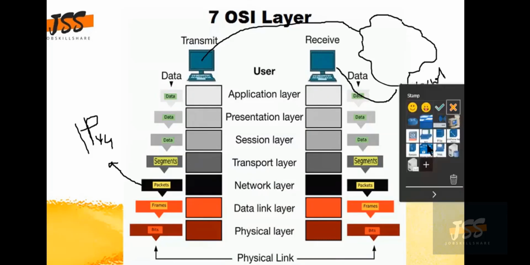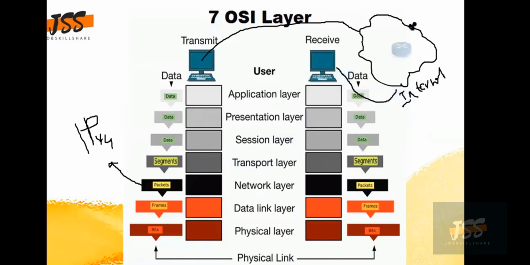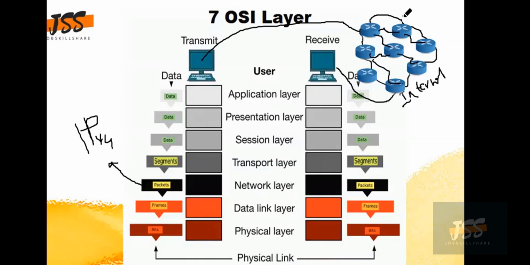If I give you an example, let's suppose this is our internet cloud, and I'm going to send information from my sender to the receiver, and all these routers are connected with each other in some fashion so that there is redundancy. Redundancy means if one path or router is lost, we still have reachability through the other path.